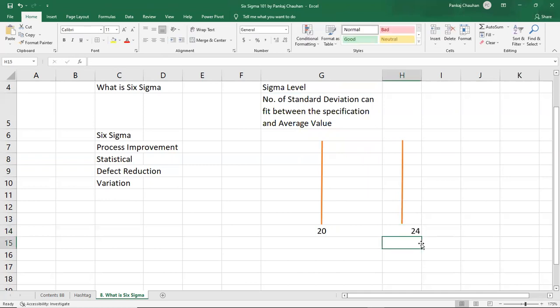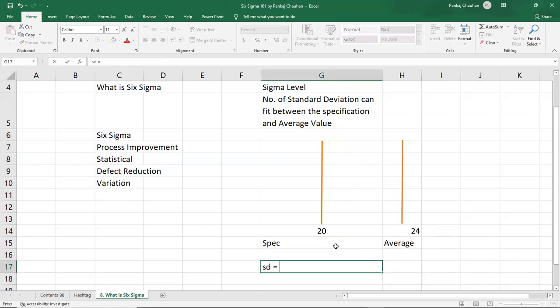With the variability in the process, this is your specification, this is your average value, and the variation in the process in the form of standard deviation, let's say, is 1.5.